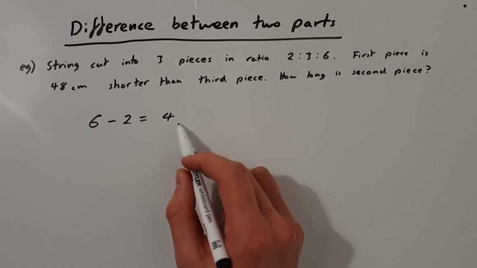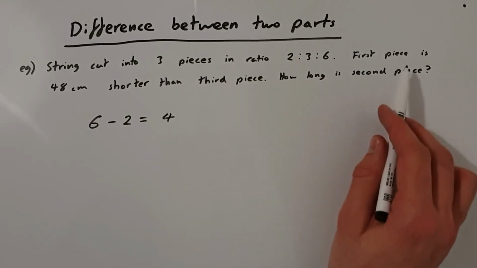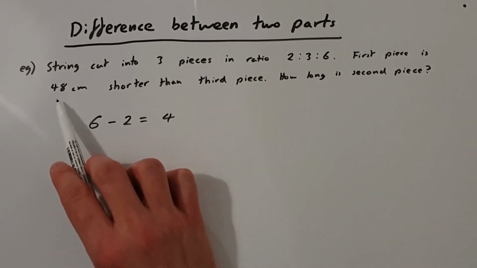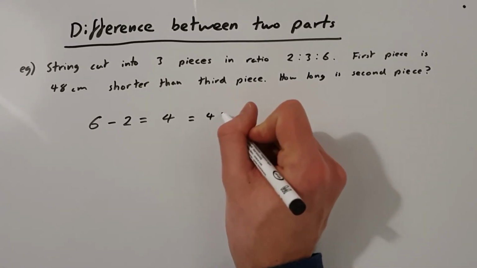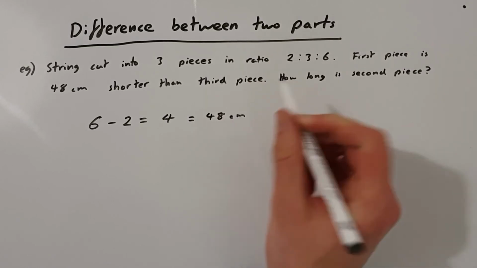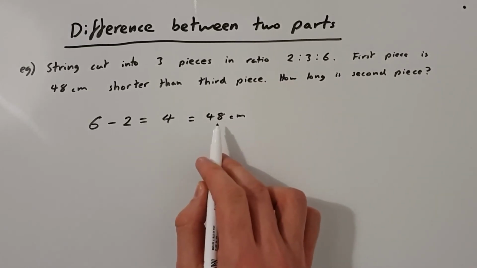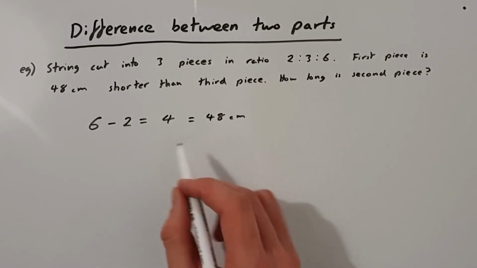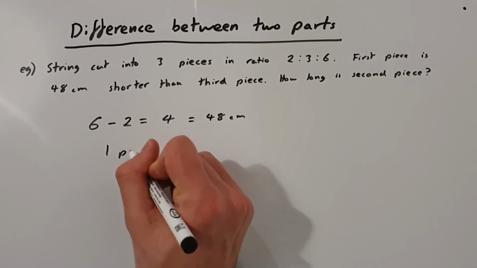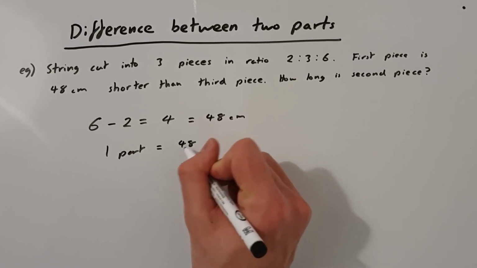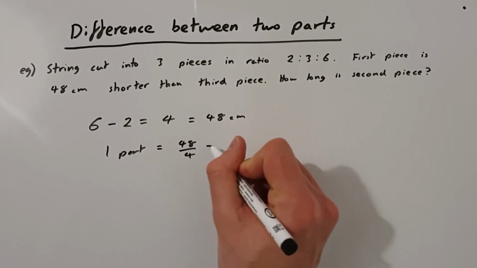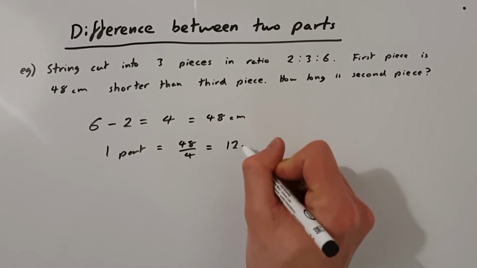So we can now equate the difference of 48 centimeters to these 4 parts. From this we can work out how much 1 part is. So 1 part will be equal to 48 divided by 4, and that will be equal to 12 centimeters.